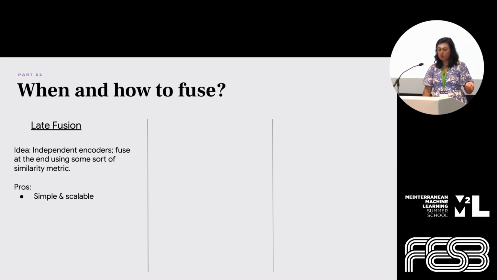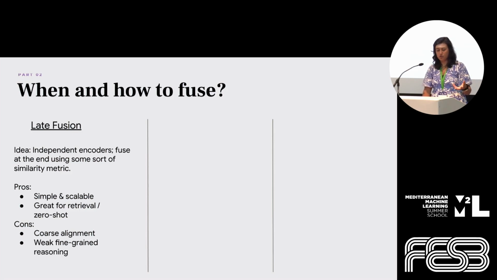The pros for this are it's simple, it's scalable, in terms of learning representations, you can train on very large data sets very fast. It's also very great for retrieval and zero shot. But the cons are that you have pretty much just coarse alignment. You don't have very fine-grained understanding of what's happening either in the text or in the image. And the reasoning is also limited because it's, again, at a pretty high level.